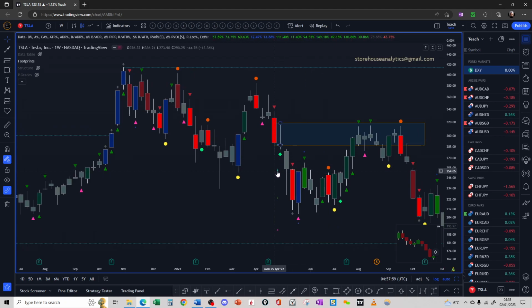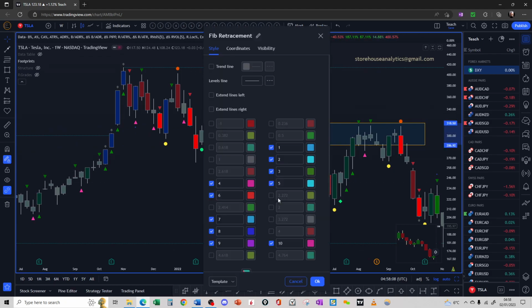So you'll notice 2, 3, 4. You might not be able to see 1 and 0 in here. But again, this is just a modified fib tool to use as a measurement. And I'll show you. So I'm looking for that. So 0 and 1 would be where the zone is, from the proximal to the distal, and then everything else measures.